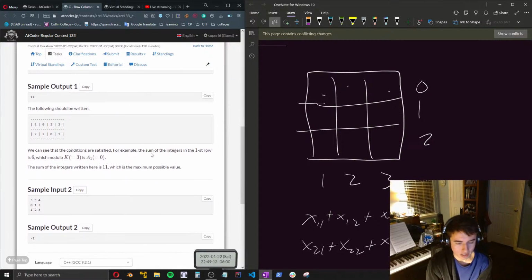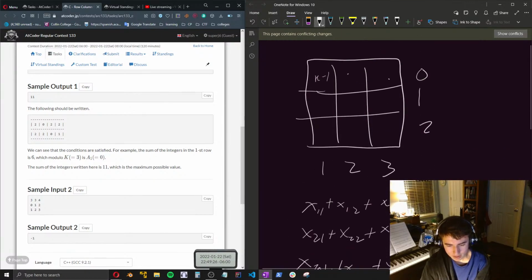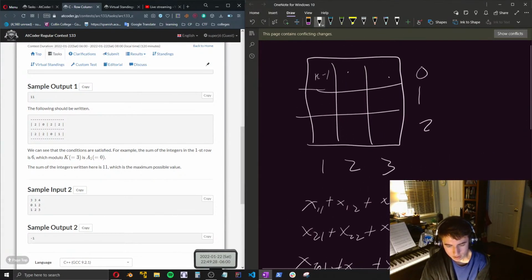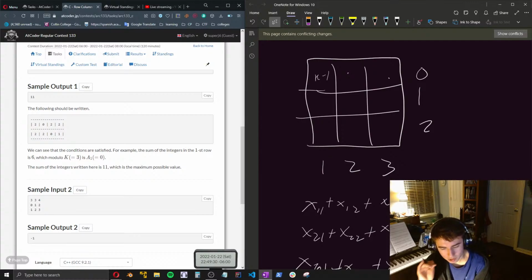Alright, imagine putting the maximum possible values that can get this 0. So it's like k minus 1. Well, we have like 6 equations and too many variables, right? So let's just put k minus 1, k minus 1, k minus 1, k minus 1.